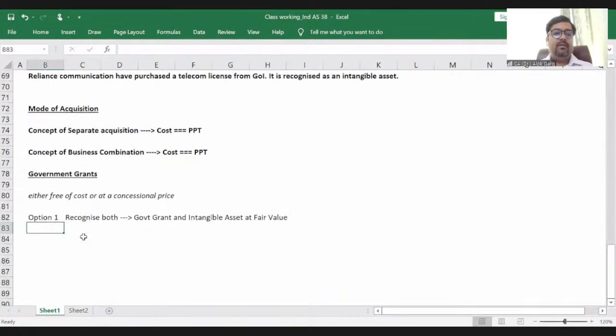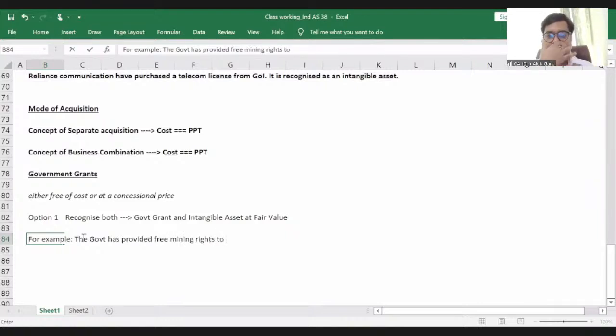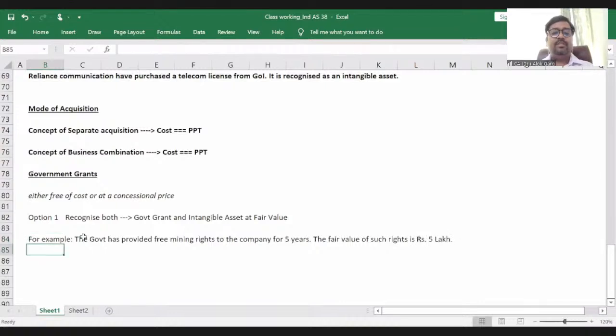For example, the government has provided free mining rights to the company for 5 years. The fair value of such rights is rupees 5 lakh.